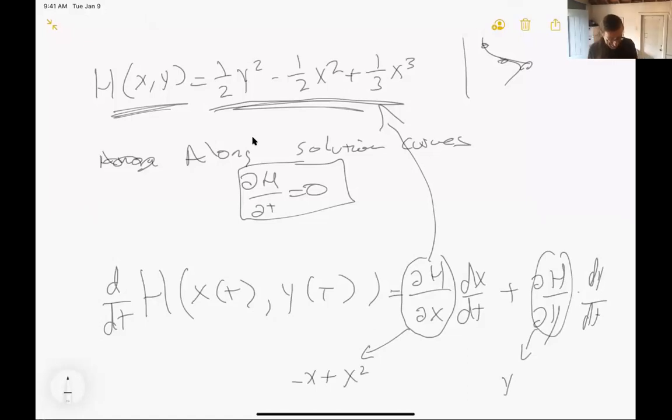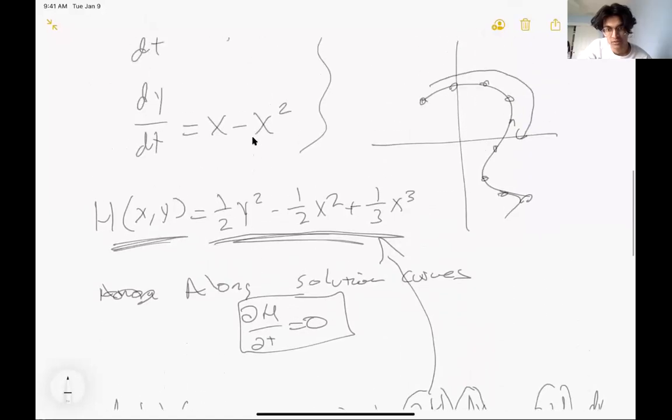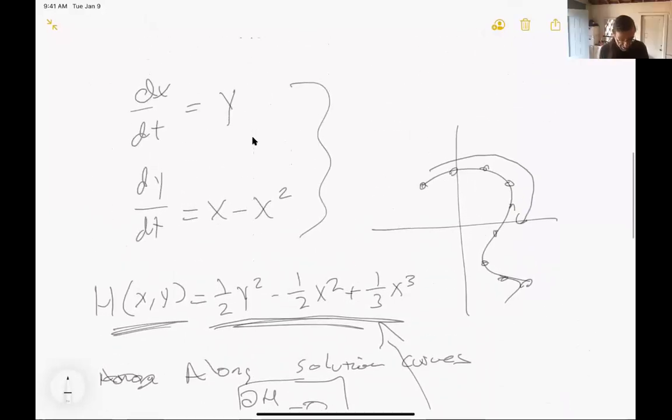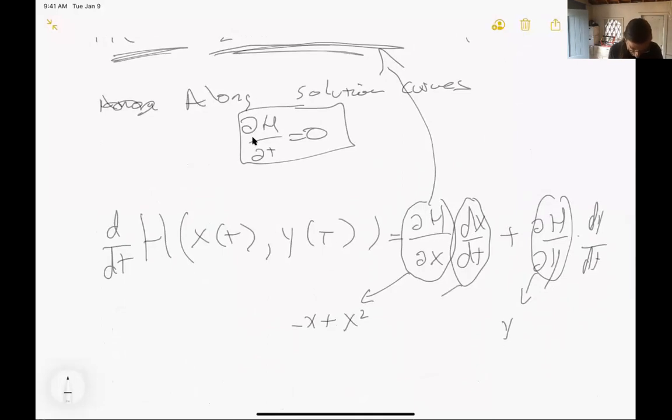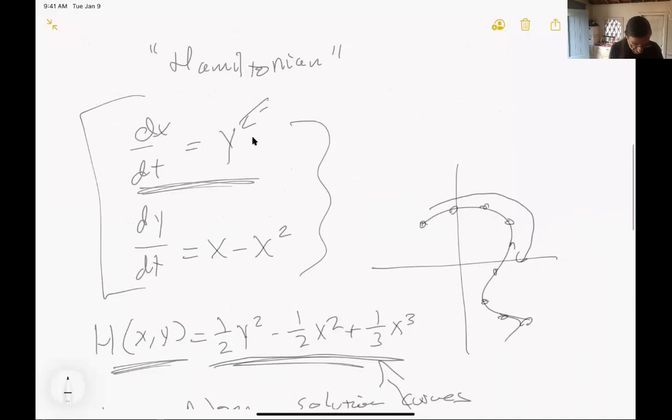Good. All right. Now, where are we going to get dx dt from? Isn't that just the differential equation? Yeah, we're assuming we're sitting on a trajectory of this differential equation. So if we're sitting on a trajectory of that differential equation, we know what dx dt is. It's just y. And we know what dy dt is.